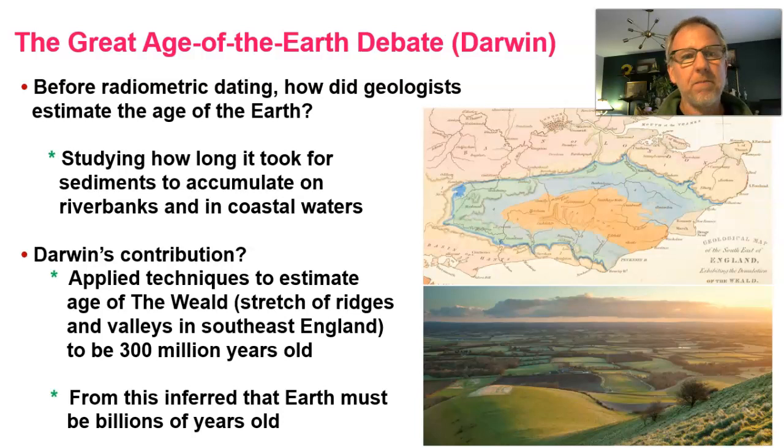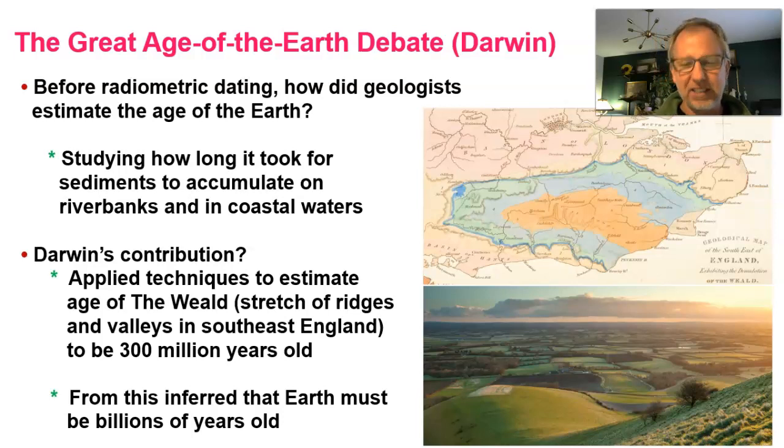Now, Darwin actually made a contribution to this in England. He applied techniques to estimate the age of the Weald. That's an area of England, a stretch of ridges and valleys in southwest England, and that's what the map on this slide is showing you, this region called the Weald.